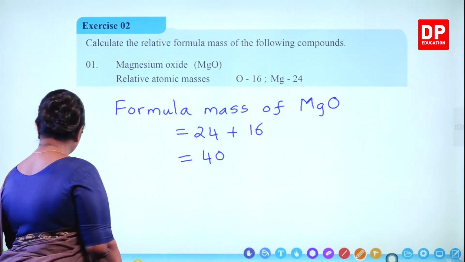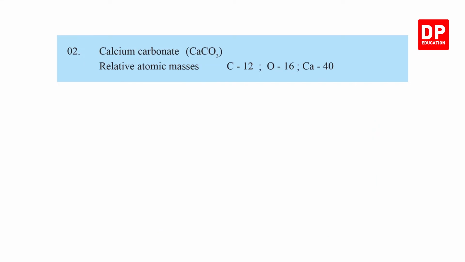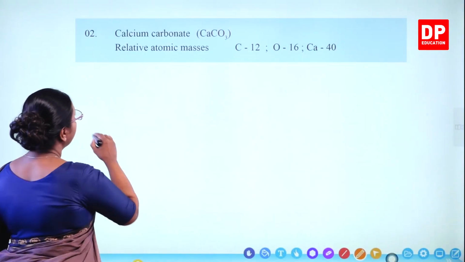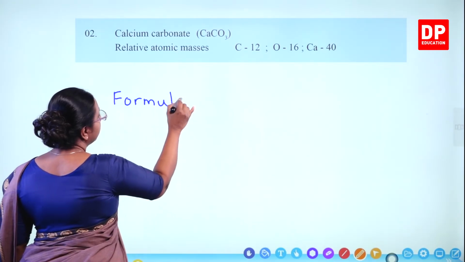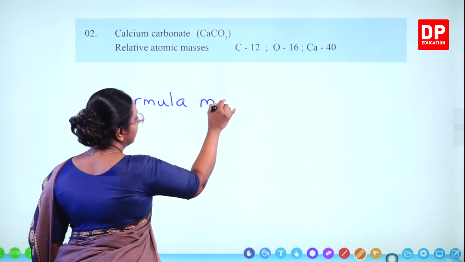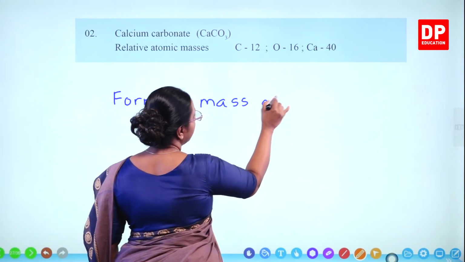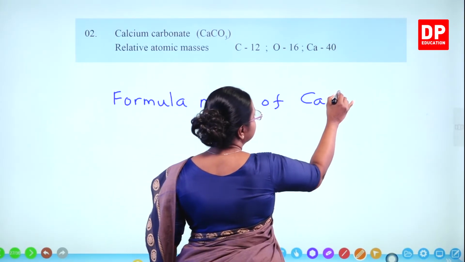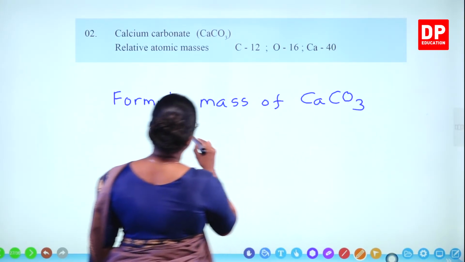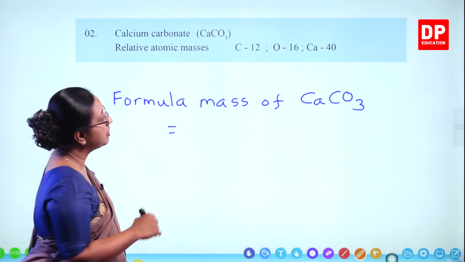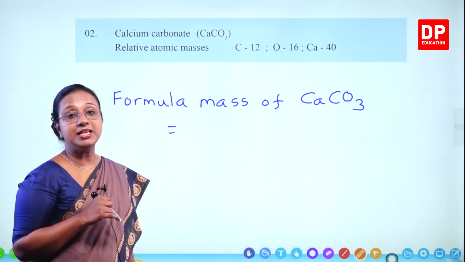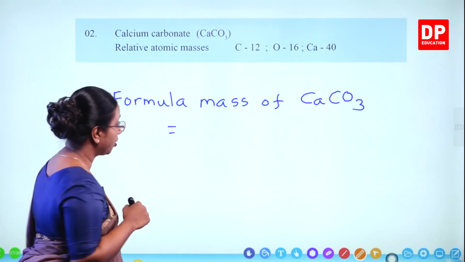I will move on to the next one. Calcium carbonate. So what are the relative atomic masses? Carbon 12, oxygen 16 and calcium 40.